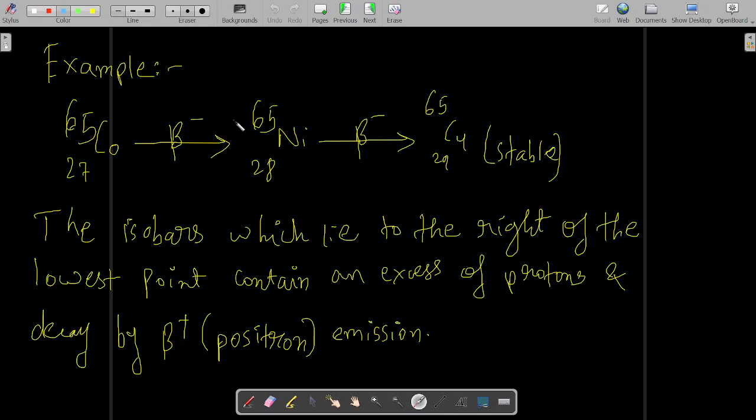The example is this. This is very clear from the graph. You can see cobalt converted to nickel, then converted to copper. The isobars which lie to the right hand side of the lowest point contain an excess of protons and decay by beta plus emission.